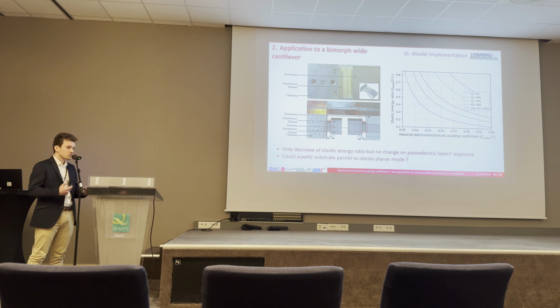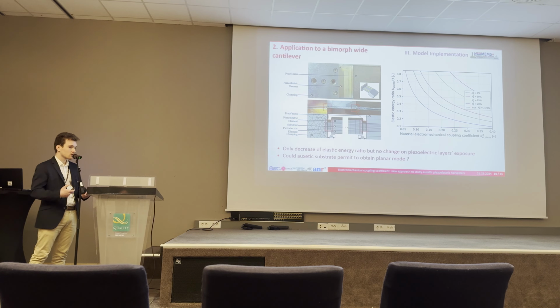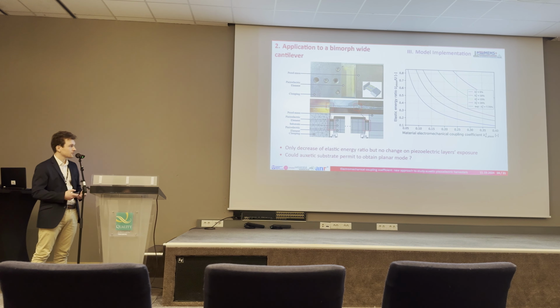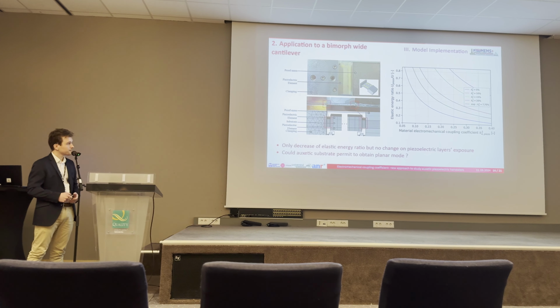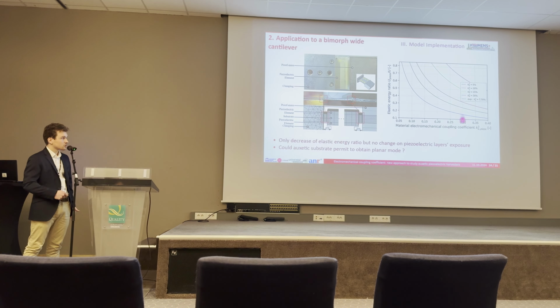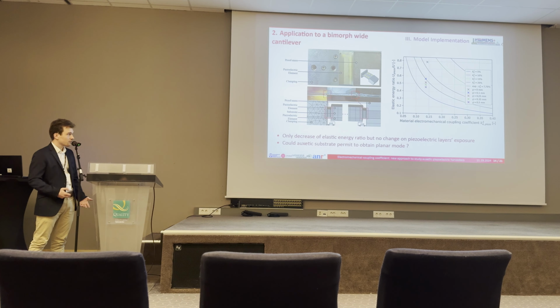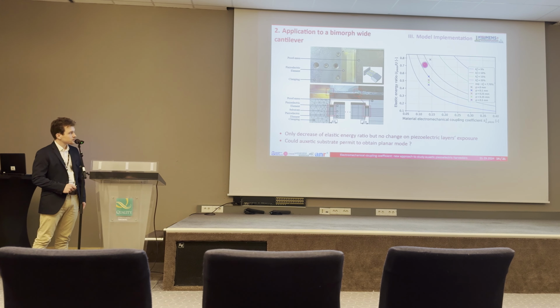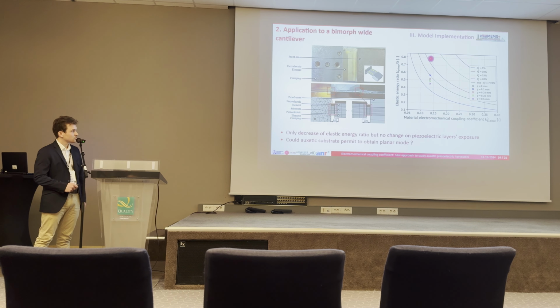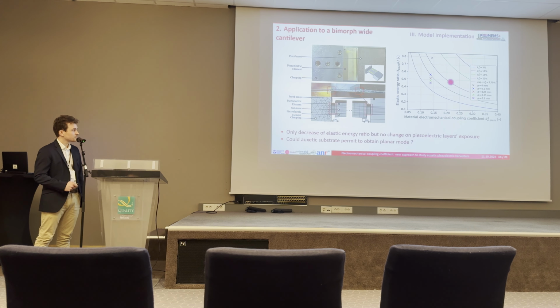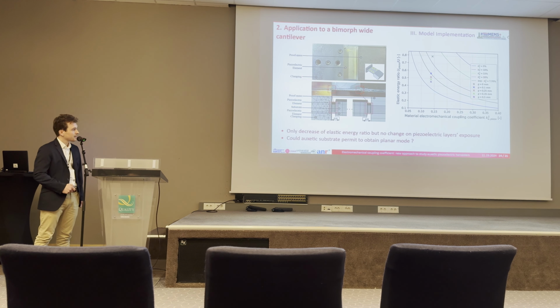So we may want to compute the values on the finite element software. Here are the results. So here we observe the evolution of the values of energy ratio and coupling coefficient for a different gap, the gap increasing as the dot decreased here.